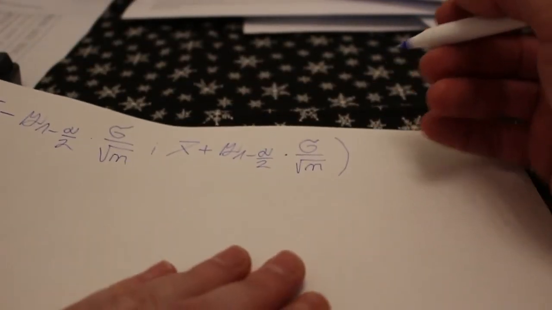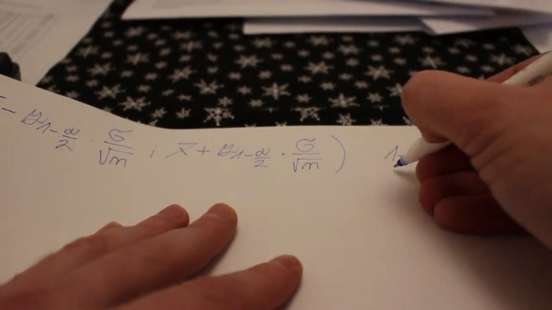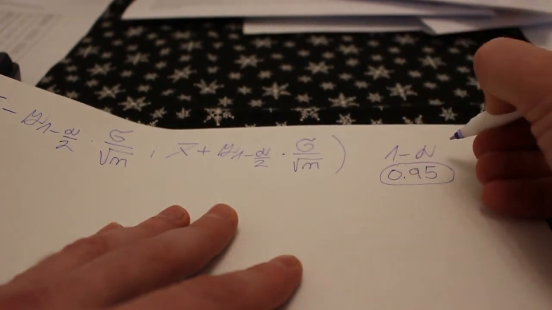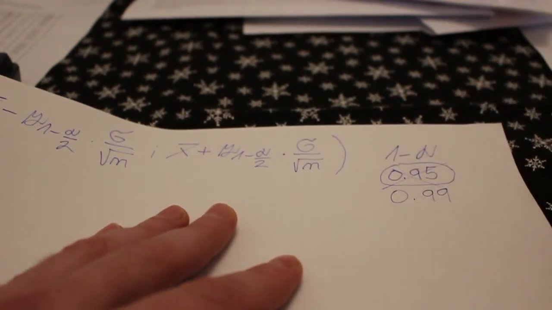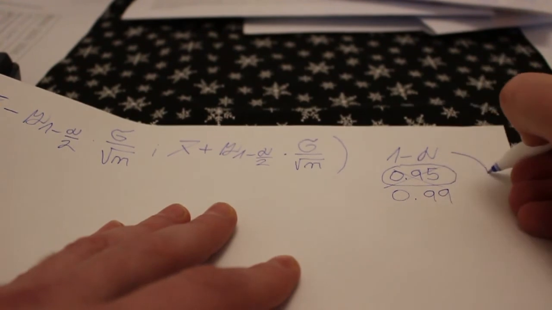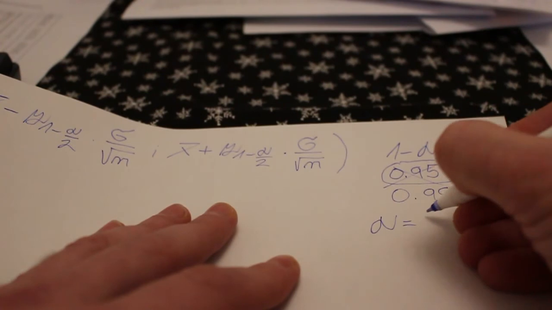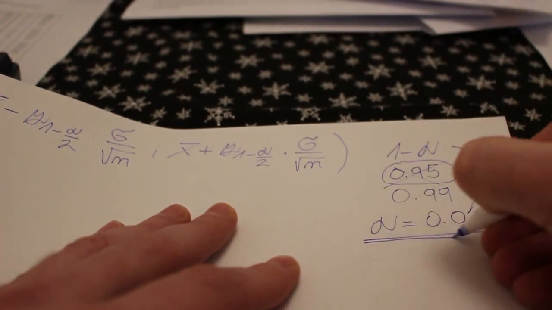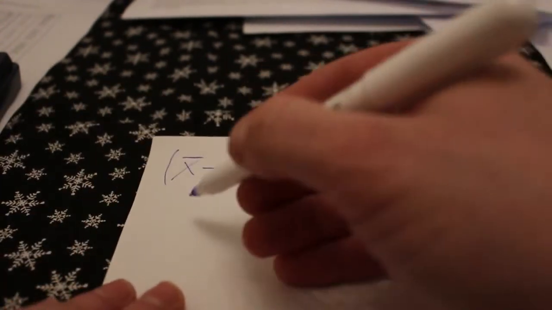So confidence level is 1 minus alpha. So there can be 0.95, we calculated 0.95, and now I will calculate 0.99, 99% confidence level. Therefore, alpha will be equal to 0.01. Only 1% alpha.